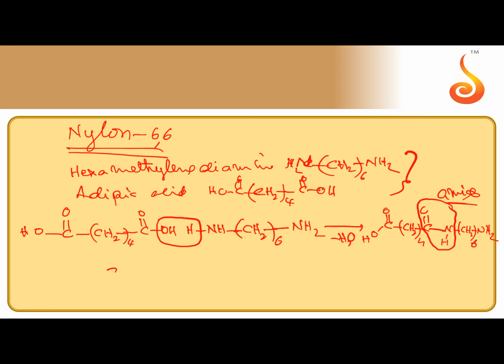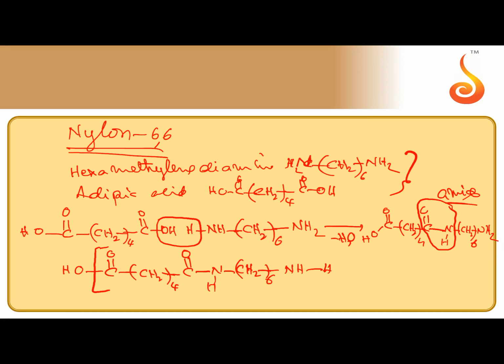So when we want to write the repeating unit, you observe carefully again. You write the complete structure. COOH, CH2 taken 4, CO. This is attached to another monomer. CH2 taken 6, NH. So first you write this clearly. This is a new bond, amide bond. You keep the OH of the COOH outside of the square bracket. Because from two terminal molecules you have to get water molecule.